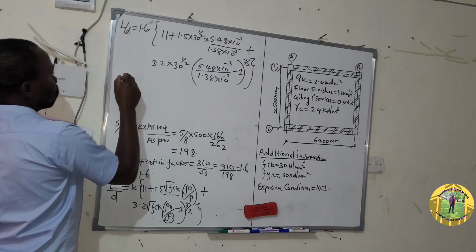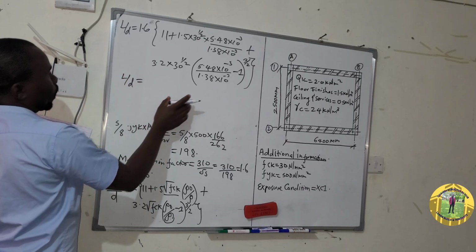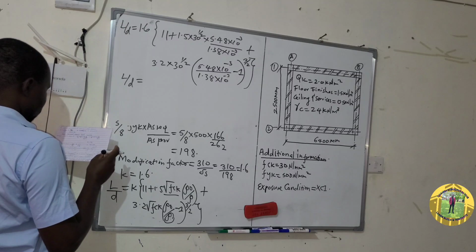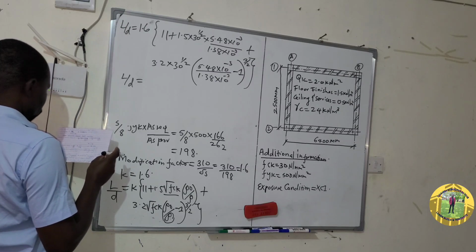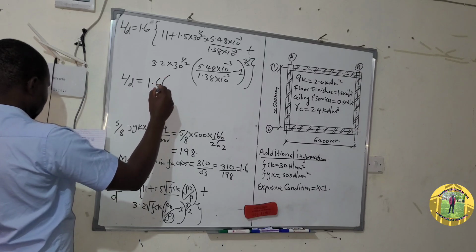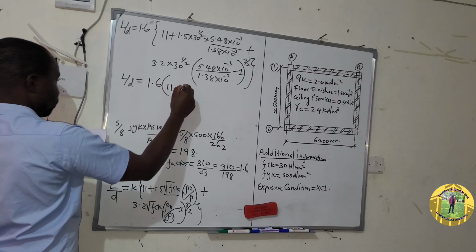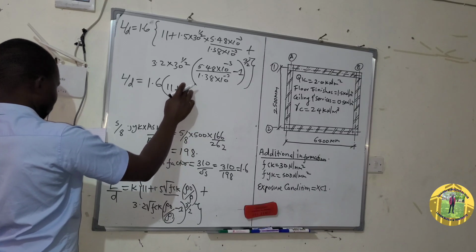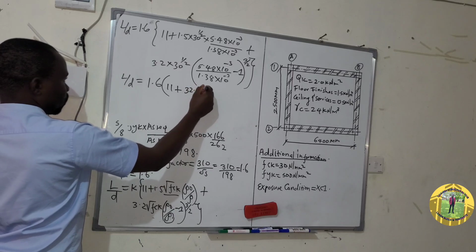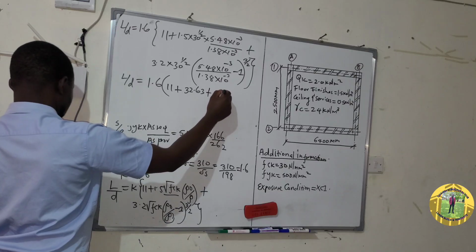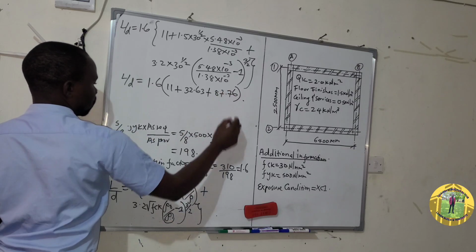So if you carry out the operation, you will get L over D, the modification allowable ratio, equal to 1.6 into bracket 11 plus 32.63 plus 87.76.